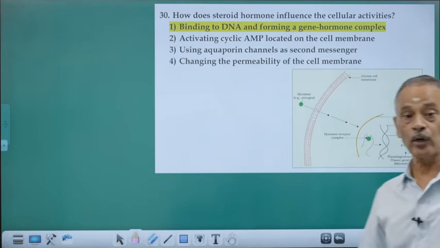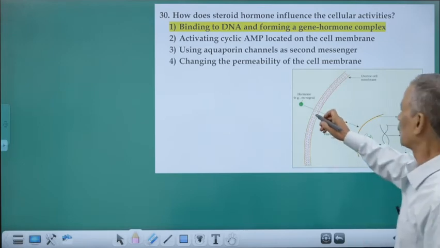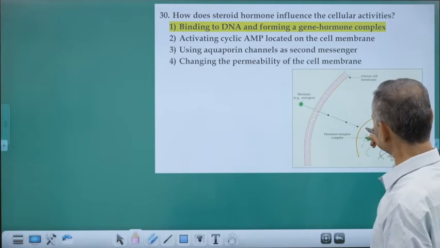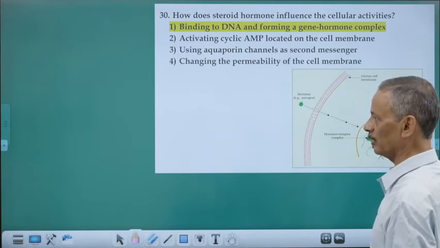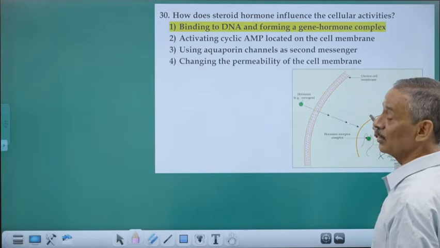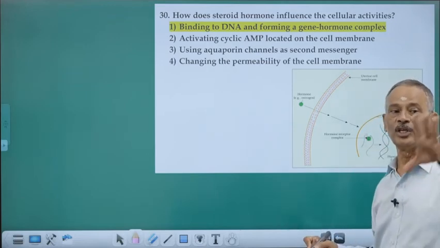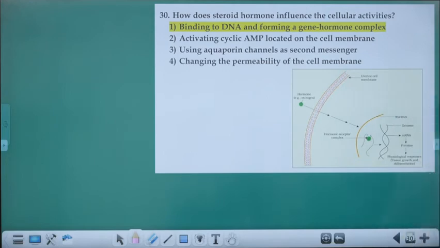So steroid hormones can enter the cell. They can also cross the nuclear membrane, because they are fat soluble, and combine with a specific site on the genome. So it requires intracellular receptors, genomic receptors, or nuclear receptors.